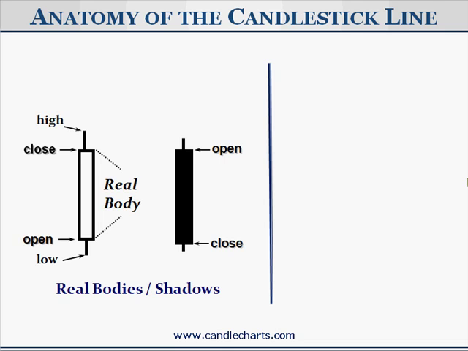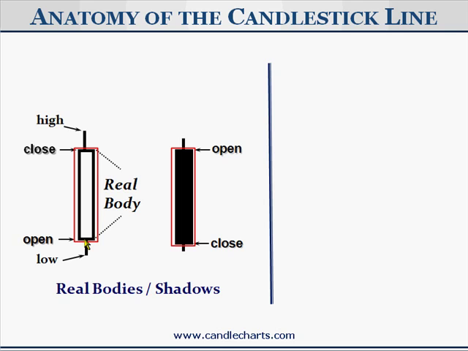There's a rectangular portion called the real body, and the real body could be black or white, and the real body is the relationship between the opening and the closing. If the close is higher than the open, we have an empty or white real body with the top of the white real body the close of the session and the bottom of the white real body the open, and it doesn't matter what time frame you're looking at. And a black real body means that the close is under the open.